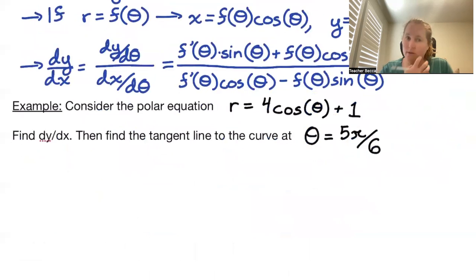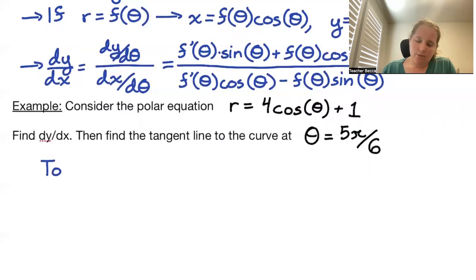So for example, let's consider the polar equation, r equals 4 cosine of theta plus 1. Our first job is to find the formula for dy dx. And then find the tangent line to the curve at theta equals 5 pi over 6.